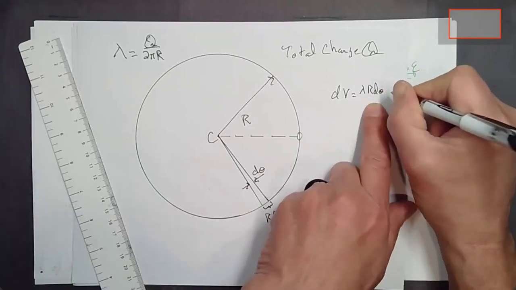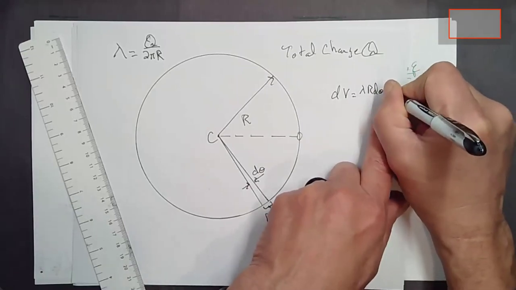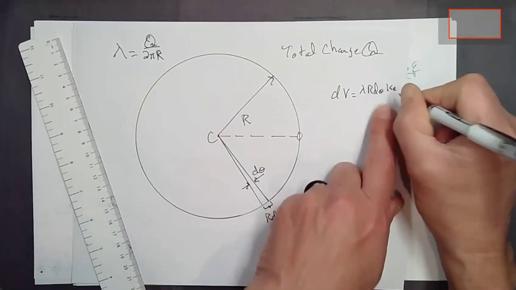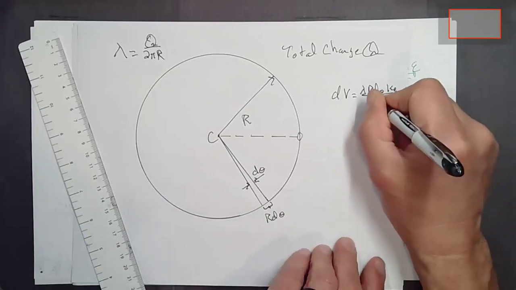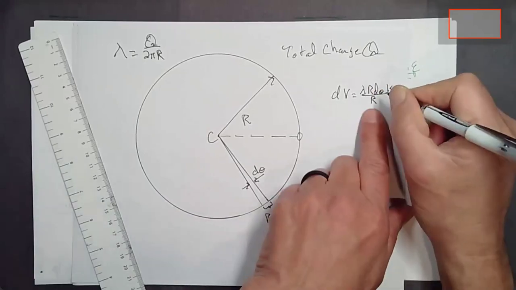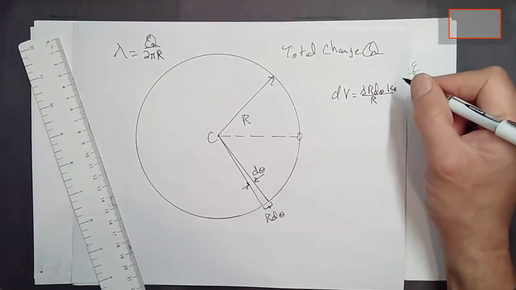That'll be dq, and I want to multiply that by k sub e, the electrical constant, and divide by the distance away that it happens to be, which is actually capital R in this case.